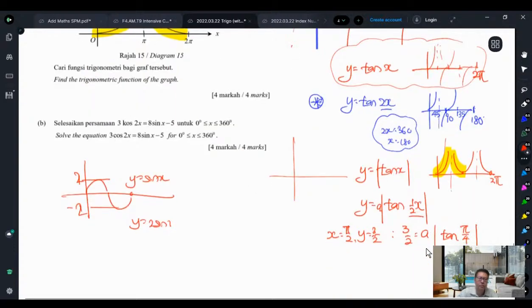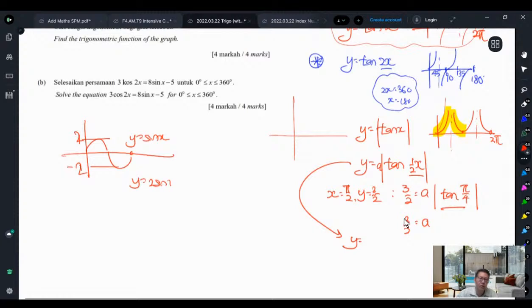Okay, so a equals 3 over 2, because tangent 45 is 1. Then I have the equation here, y equals modulus, the 3 over 2 you can put outside or inside, no problem, it's the same. 3 over 2 tangent half x. That is the graph.